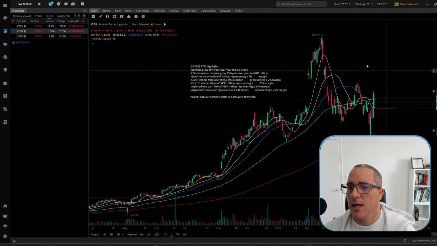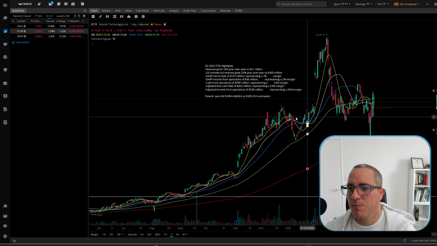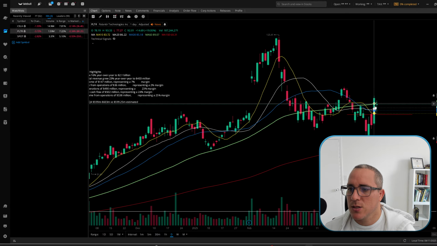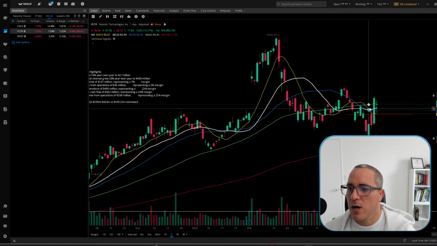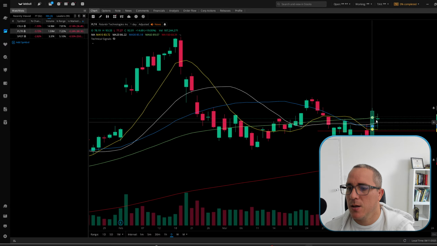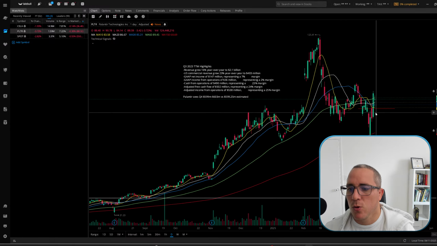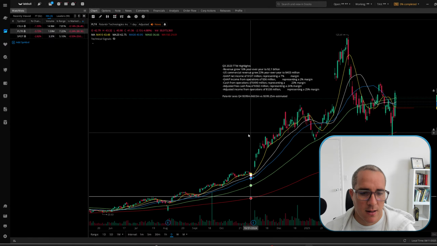The pattern is choppy. There is not a very good pattern here, but I was expecting this moving average to cross over and be used as support for all the bulls that may be stepping in.